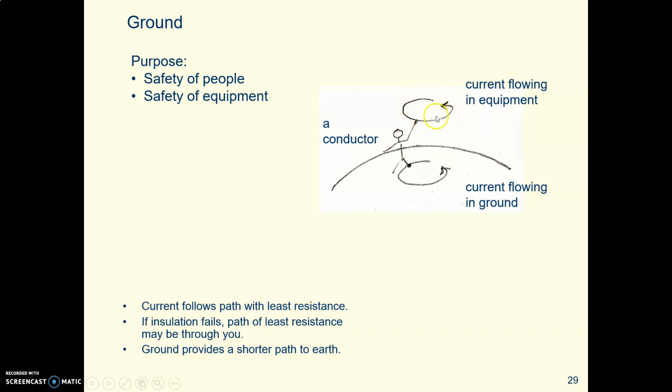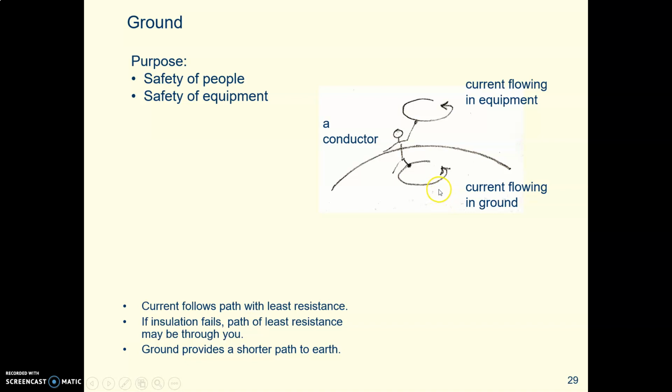So here's a piece of equipment. This is supposed to be a person. Here's a piece of equipment, and let's say there's some break in the insulation. So the rubber went away and it's not protecting you anymore. What is the current going to do? It's going to flow through the path of least resistance, which in this case would be you going all the way down to the surface of the earth.